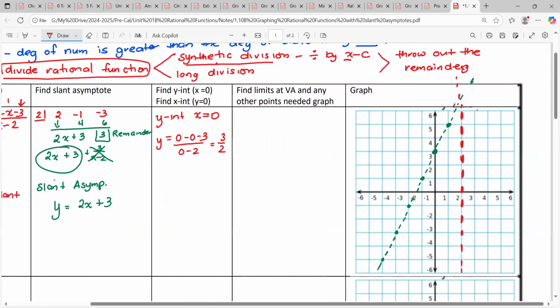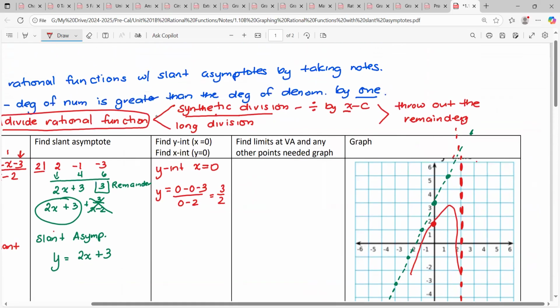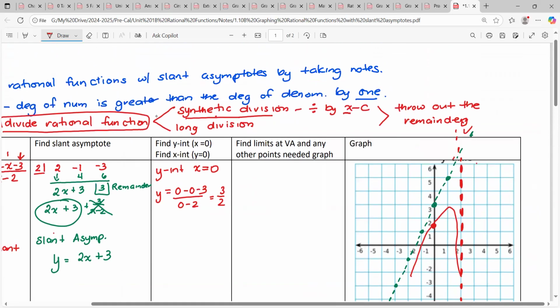So let's graph our y-intercept at 3/2 or 1.5. Unless I made a mistake, my graph is gonna be somewhere inside here. It's gonna follow those asymptotes, and then I'll have one up on this side over here, okay?